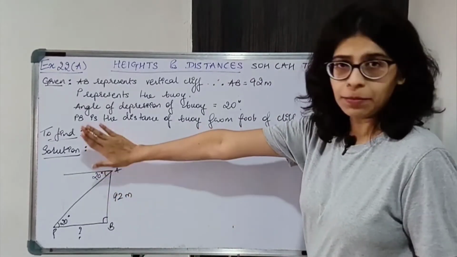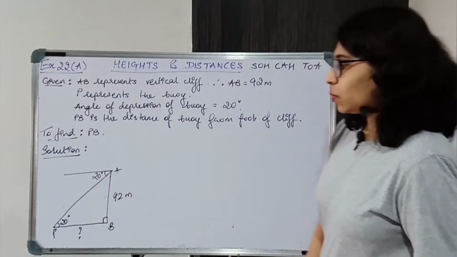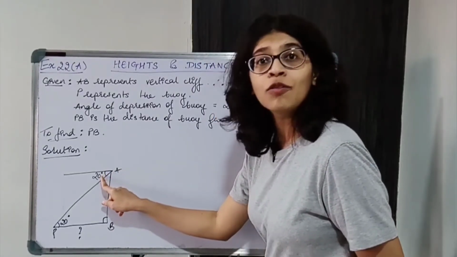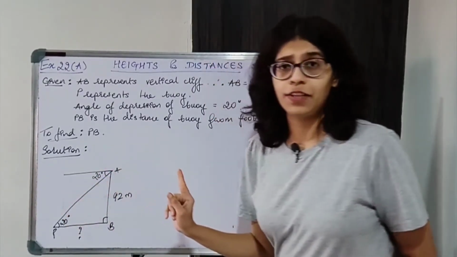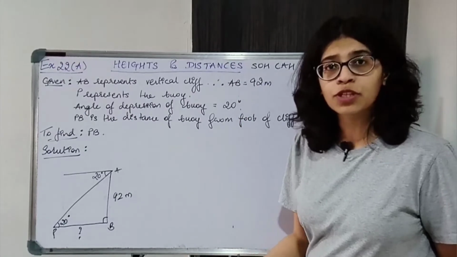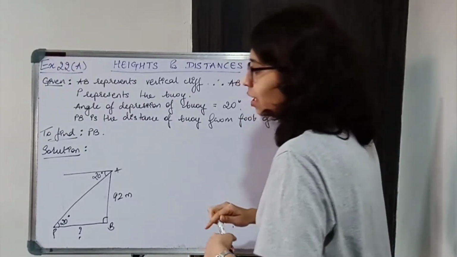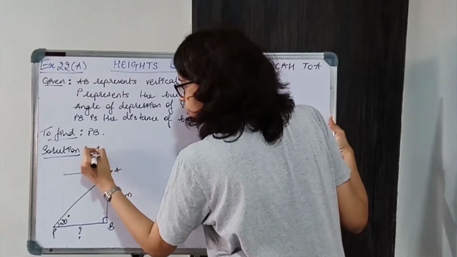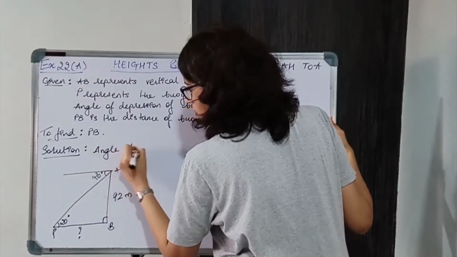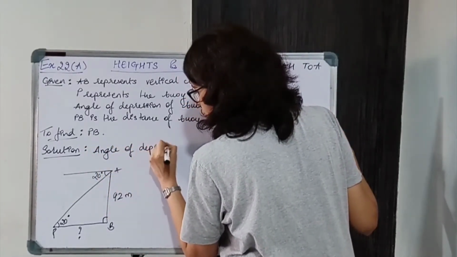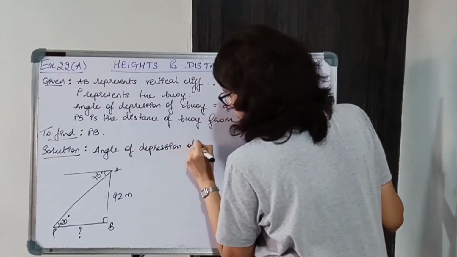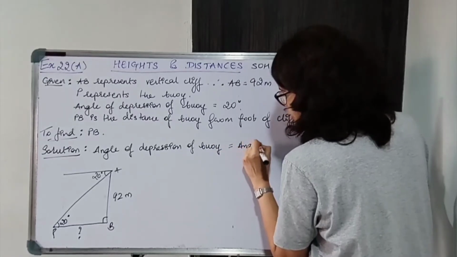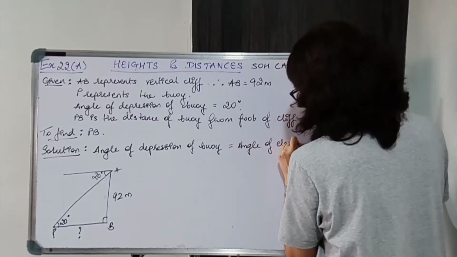So to find PB, solution में first we'll start with angle of depression is equal to angle of elevation. Very important information. So angle of depression of boy is equal to angle of elevation.